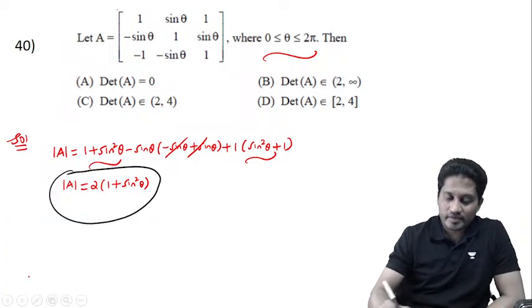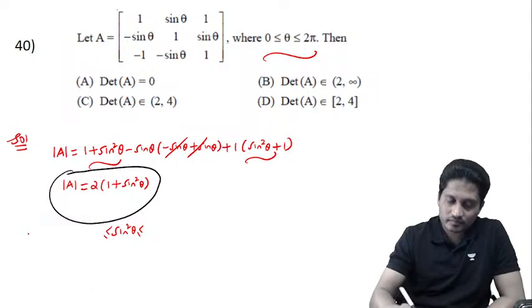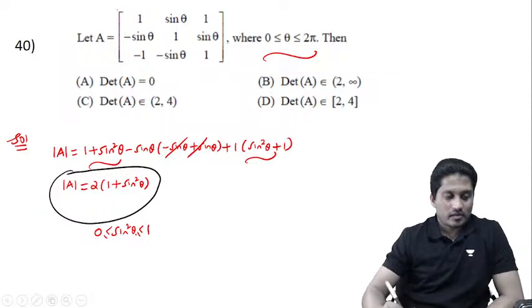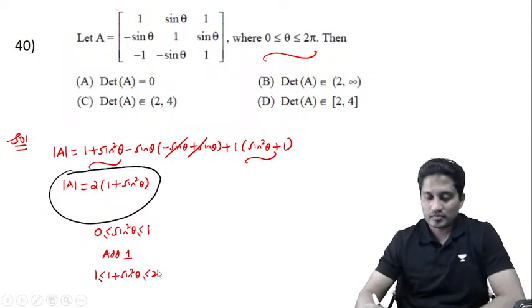Now sine square lies between 0 and 1, right? Now I want 1 plus sine square. Add 1. You will get 1 is less than or equal to 1 plus sine square, less than or equal to 2.